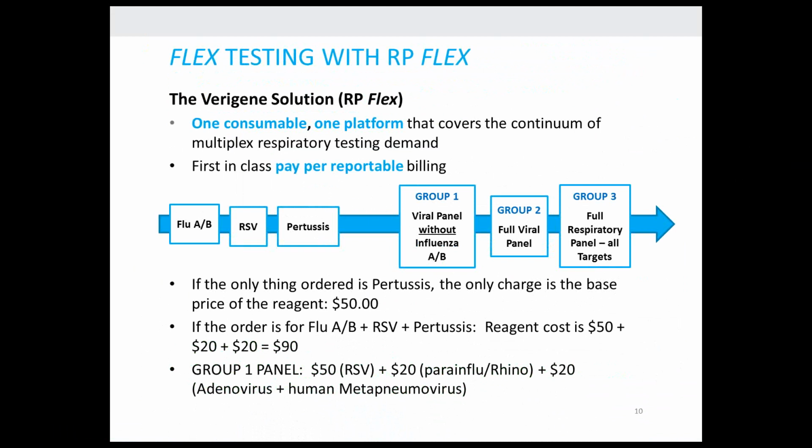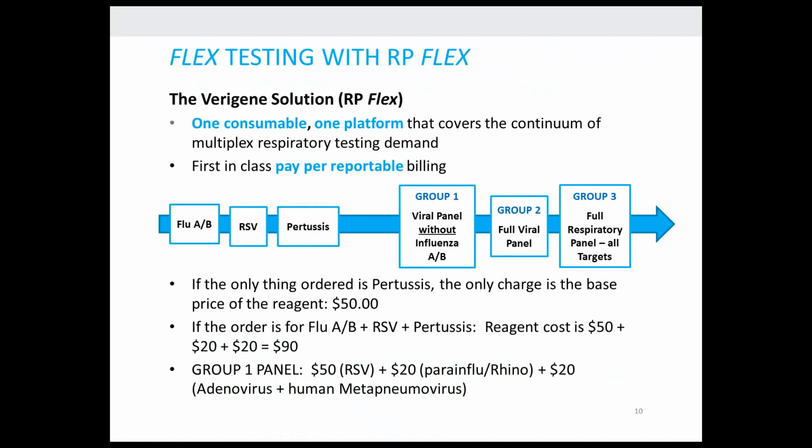So you can either order the individual assays, such as the flu A and B or your RSV, pertussis. Any of those you can order separately, or you can order, set up group testing and set up a viral panel that maybe has everything in it, or maybe it has everything except influenza if you want to have that as a separate test.